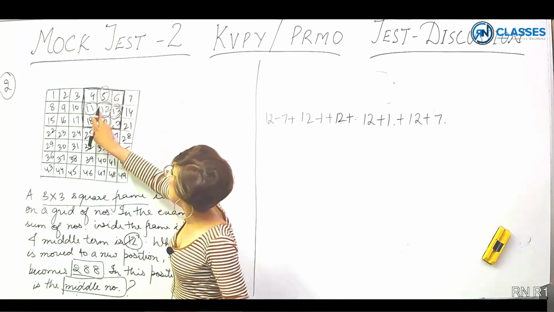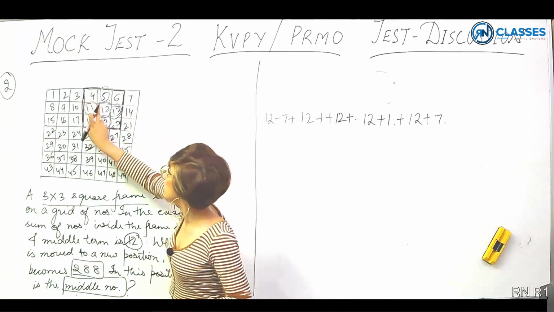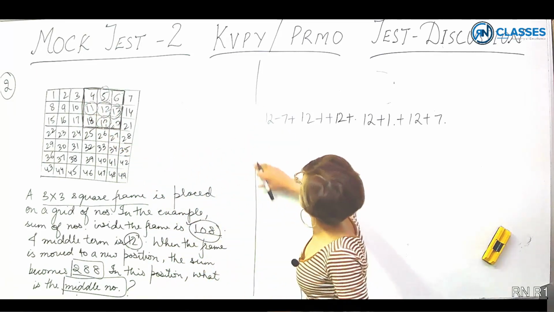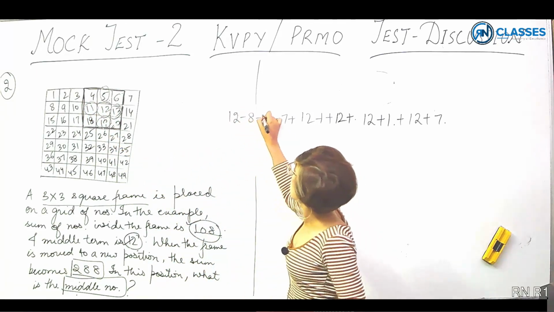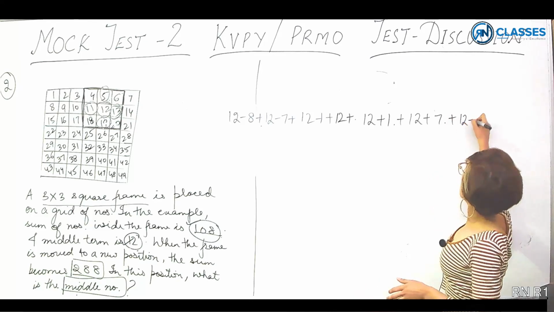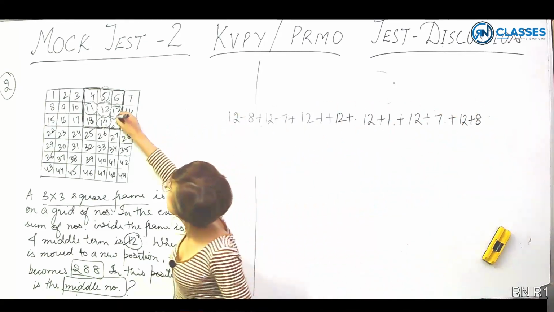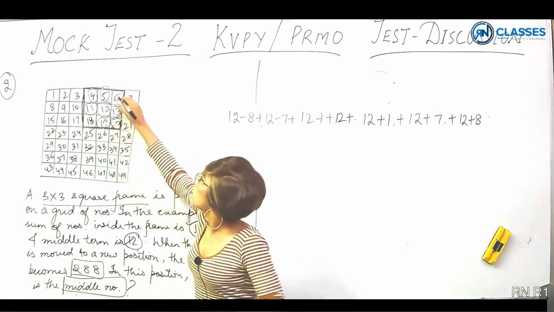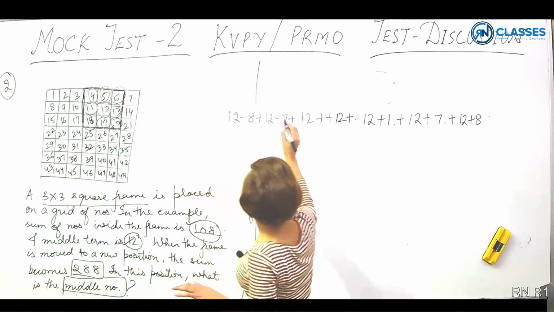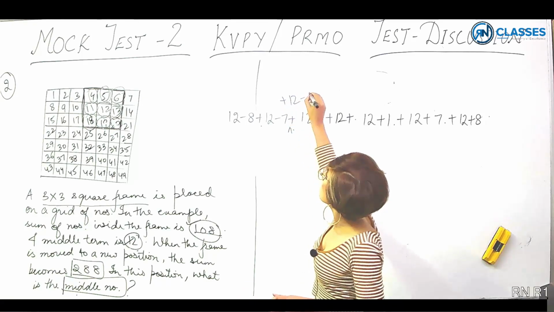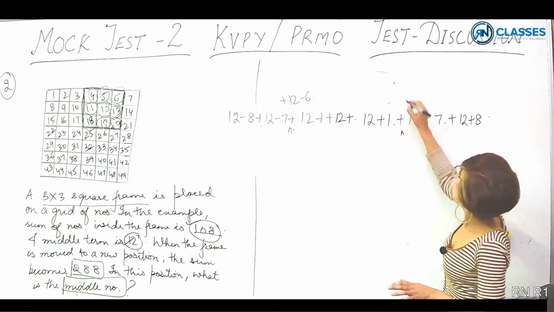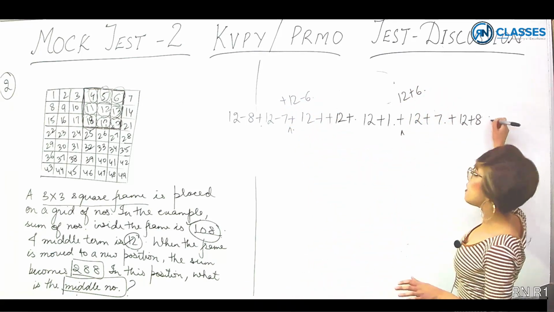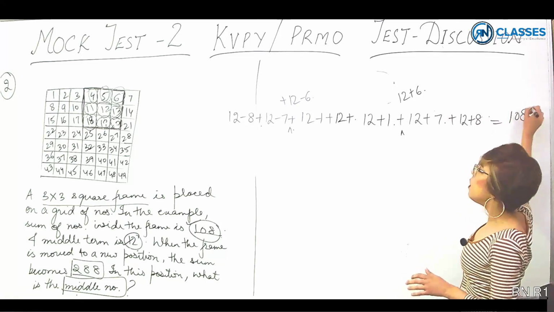So let me go back here. So this is 12 minus 8. This is 12 plus 8, right? So these two numbers are also done. And this is 12 minus 6, 12 plus 6. So these two numbers are also done. So I should have actually written it here, 12 minus 6 and here 12 plus 6. This sum is given to be 108, which was very obvious.